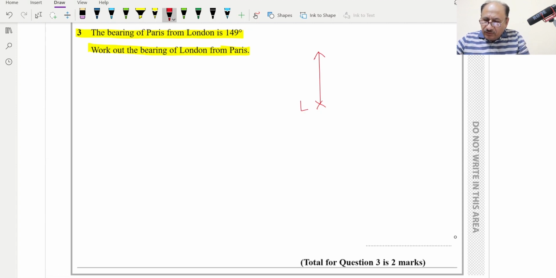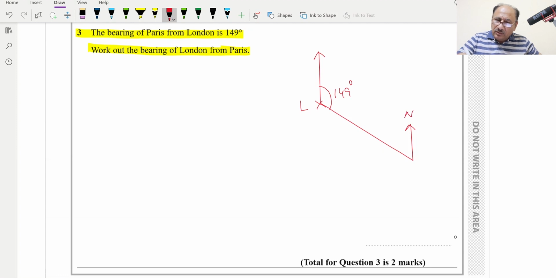Paris is at 149, so roughly we can take this one. This bearing will be 149 degrees, and if we draw north from here, this will be north and this will be north, and this is basically Paris, so we can write P here. So this will be the bearing of London from Paris, and we need to find this angle.